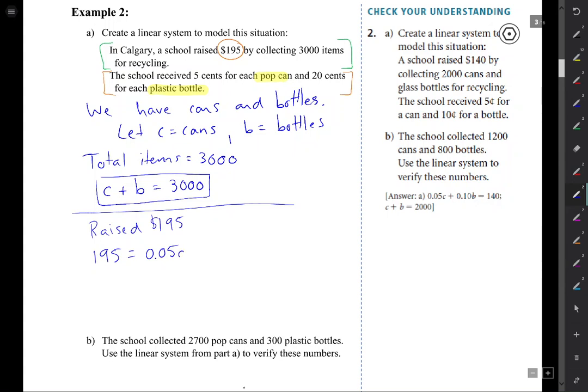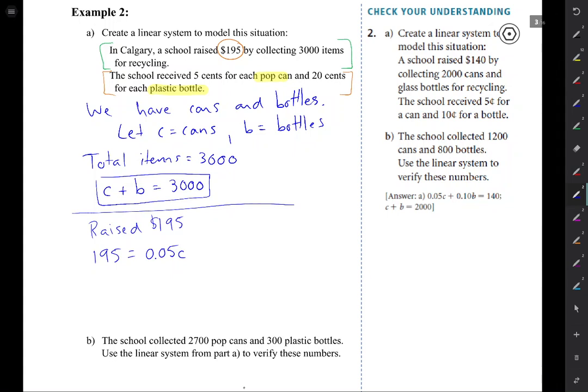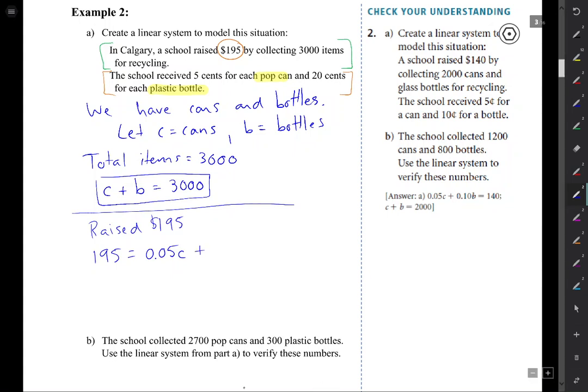We're going to times that by the C because we get 5 cents for every can that we collect. So if we collect one can, 1 times 5 cents would be 5 cents. If we get 2, then it would be 10 cents and so on. And then we're going to add that to the 20 cents, so 0.20 for every bottle that they collect. So this here would be your second equation.